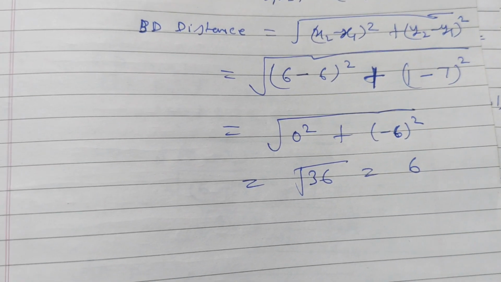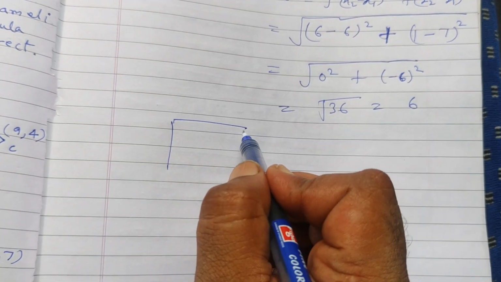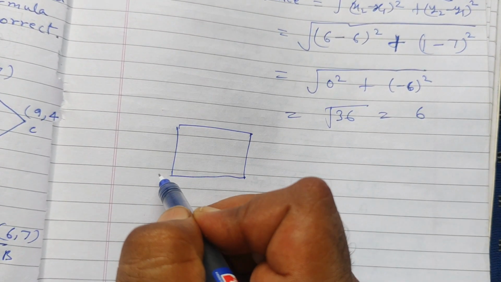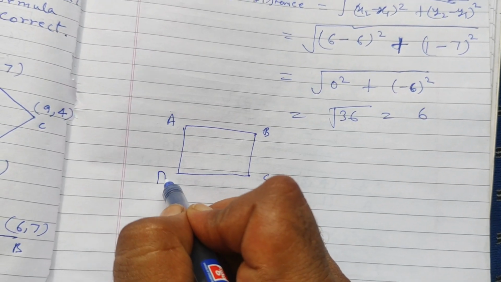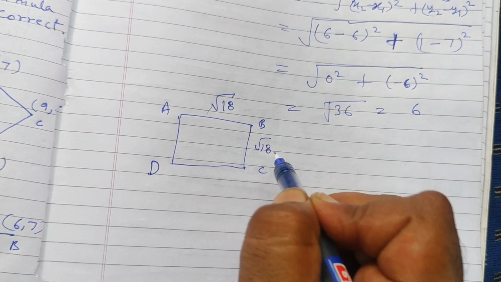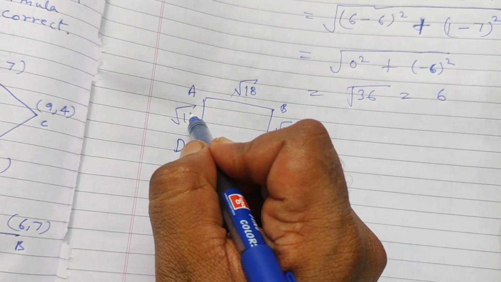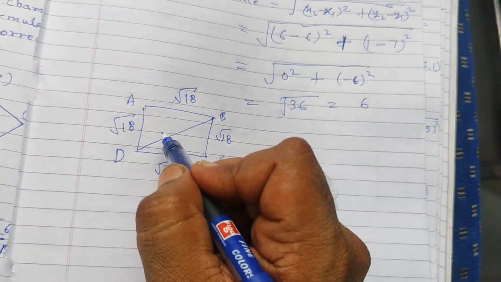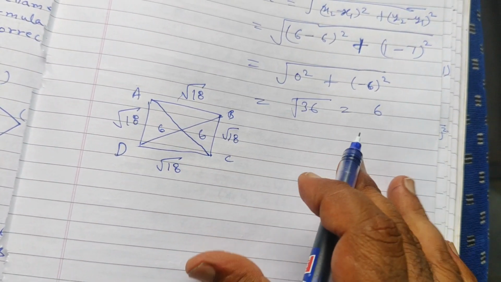So we have checked the square ABCD: the sides are root 18, root 18, root 18 and root 18. One diagonal is 6 and the other diagonal is also 6.